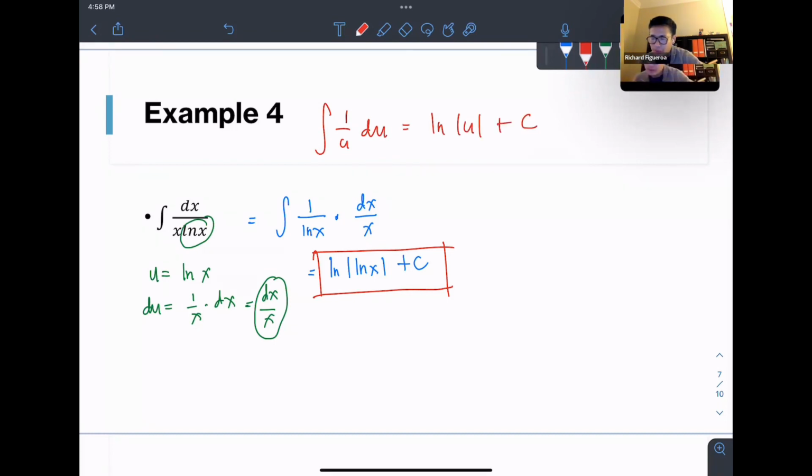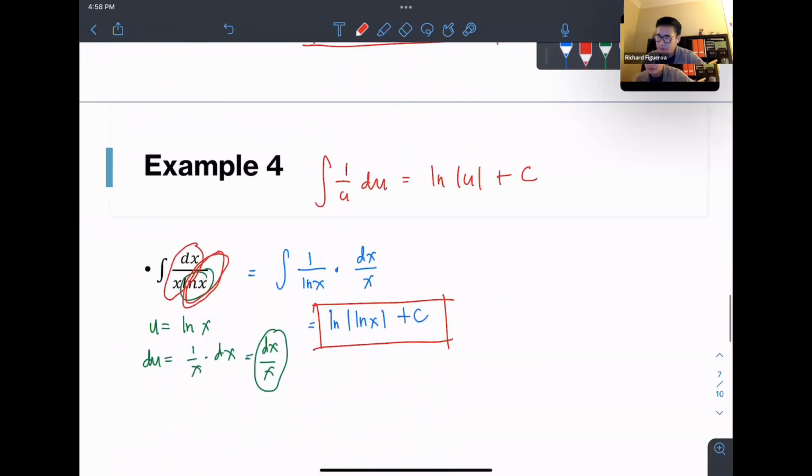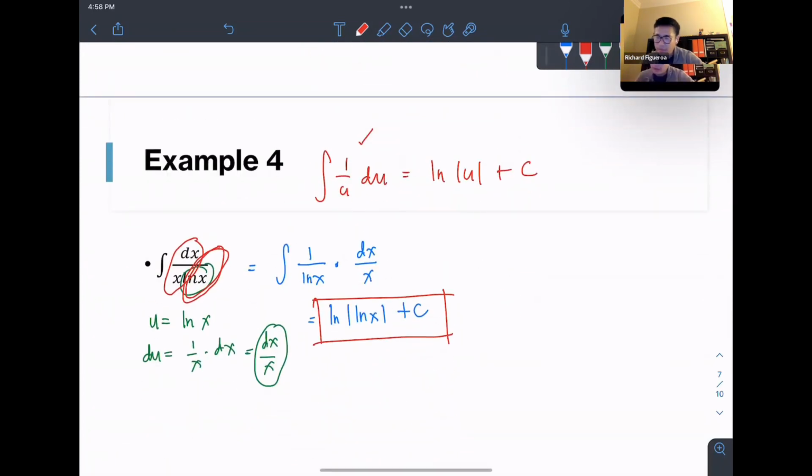So our u is this one, 1 over ln x, and its derivative is dx over x. So therefore, it resembles this formula. This is 1 over u, and the derivative of u, the ln x, is dx over x. du is dx over x. So follow this formula: ln, and our u is ln x. ln of ln x plus c. Okay?